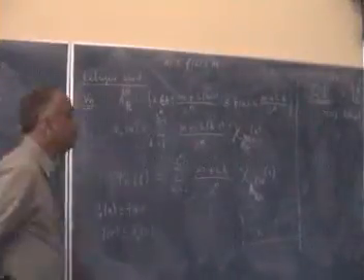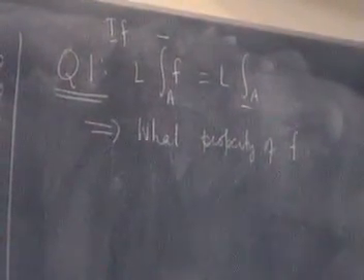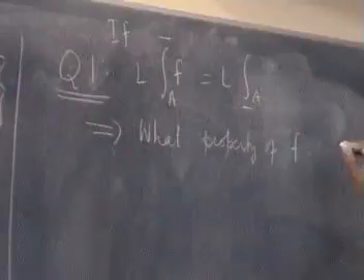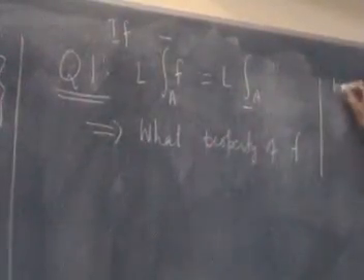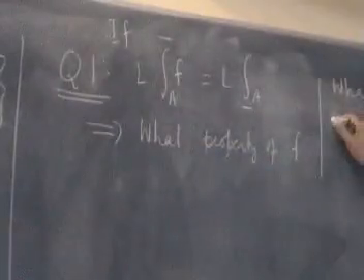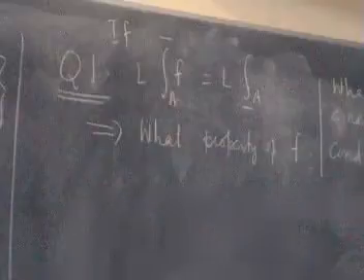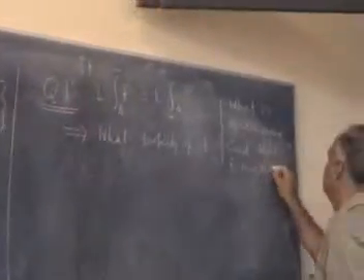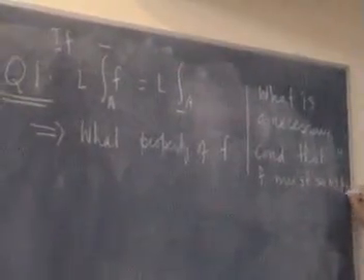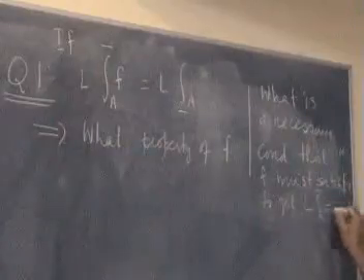Okay. So, what was that? This is a notation problem. Right. Therefore, in other words, what is a necessary condition for these two to be equal? That means, what is a necessary condition that F must satisfy to get L upper equal to L lower?